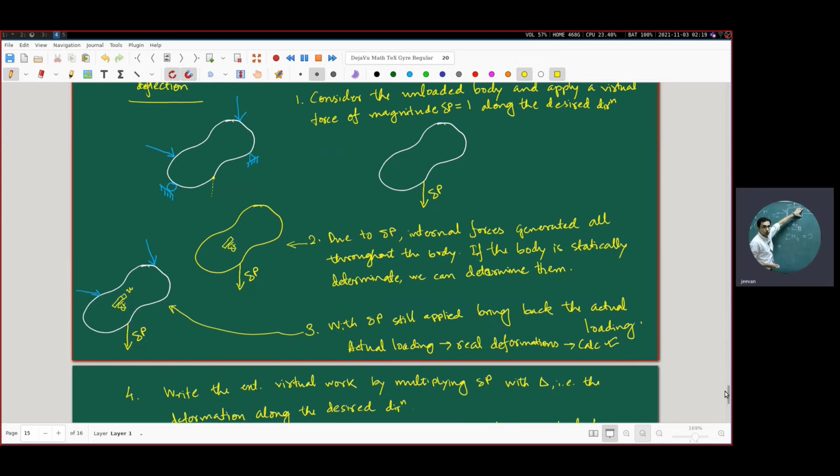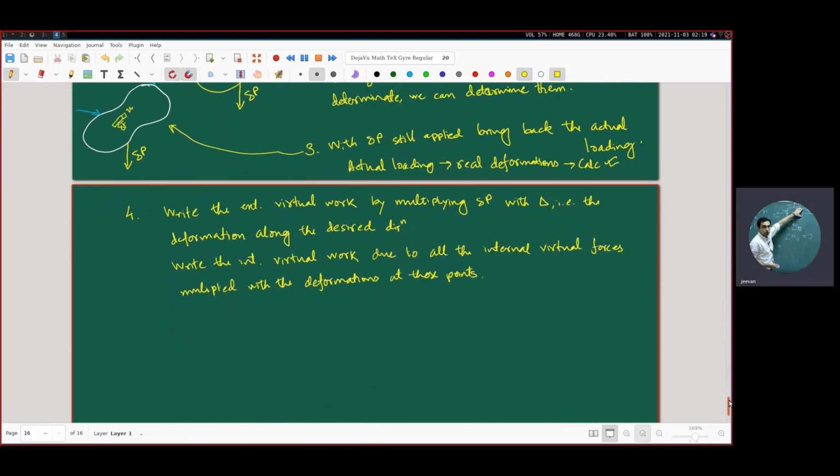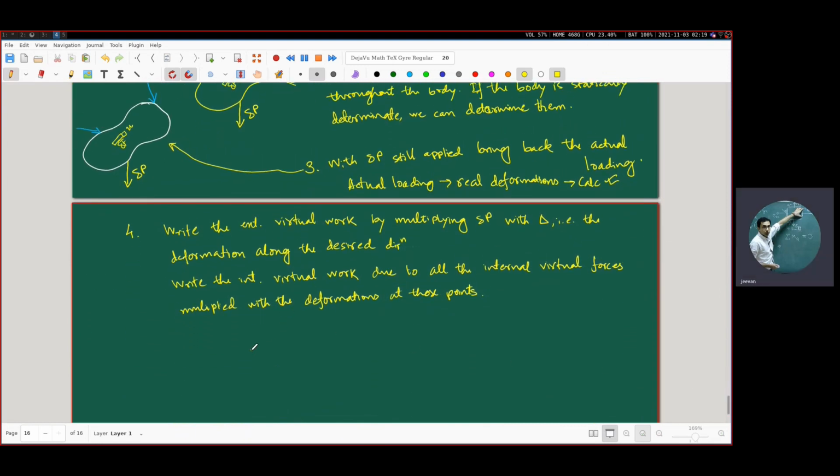So all in all, what you are going to end up with at the end of this step 4 is an expression like this. Delta P times the actual deformation which is taking place at that point. This is the first statement on the left hand side.